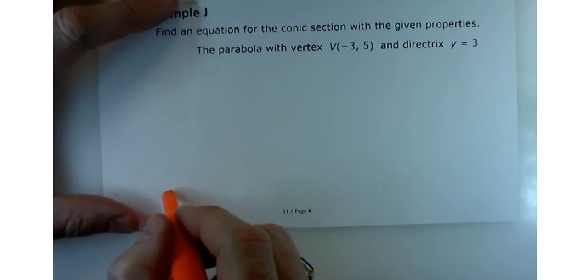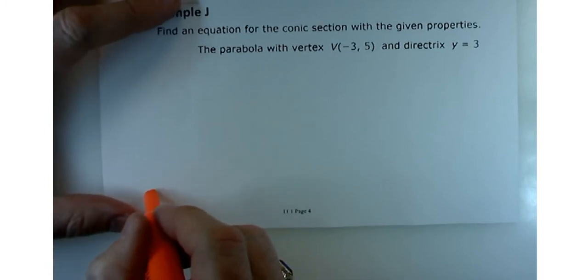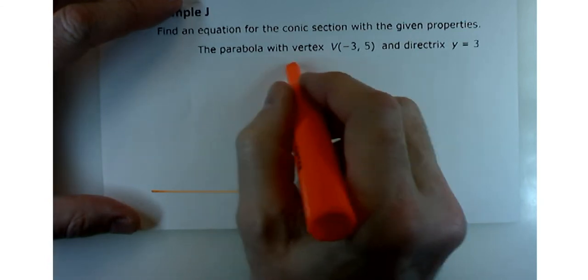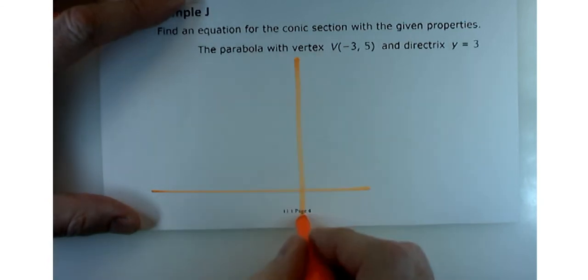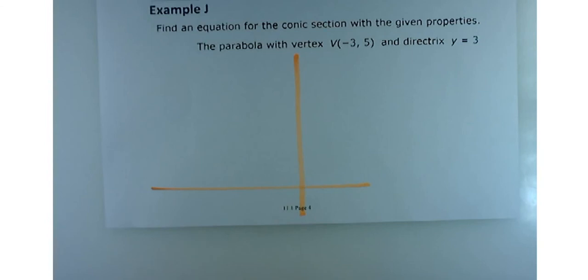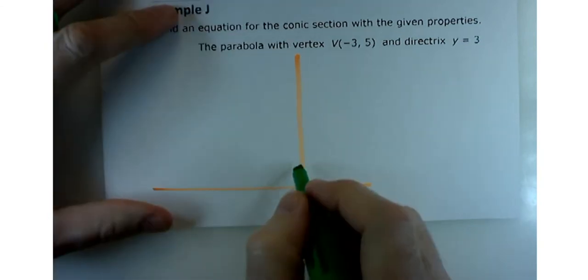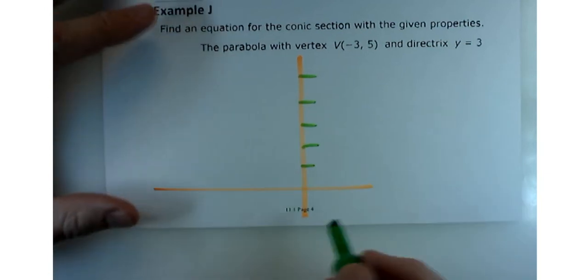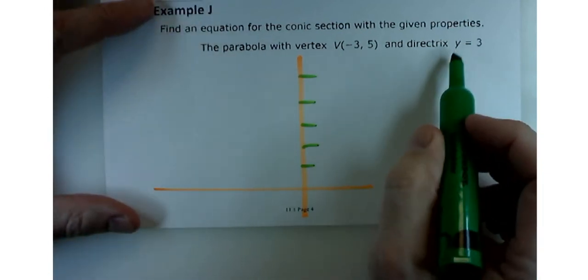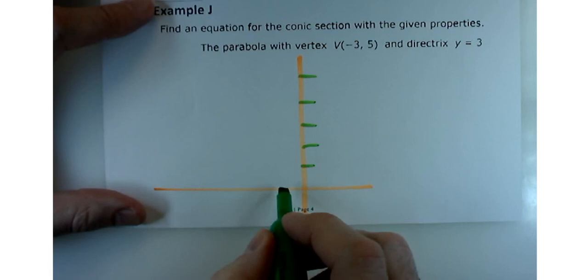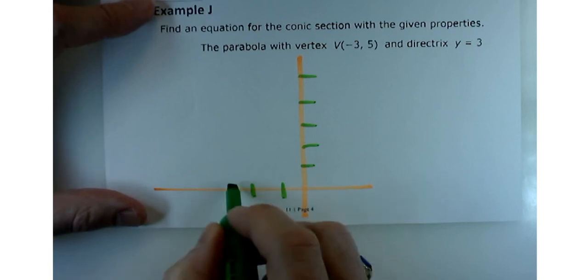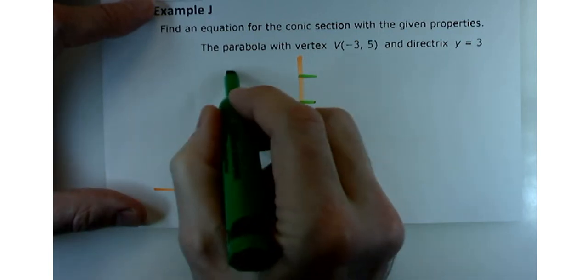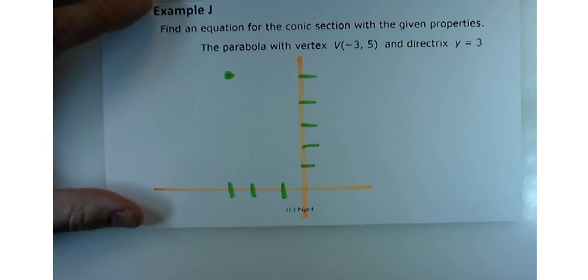So 1, 2, 3, 4, 5. So at negative 3, 5, we've got our vertex.